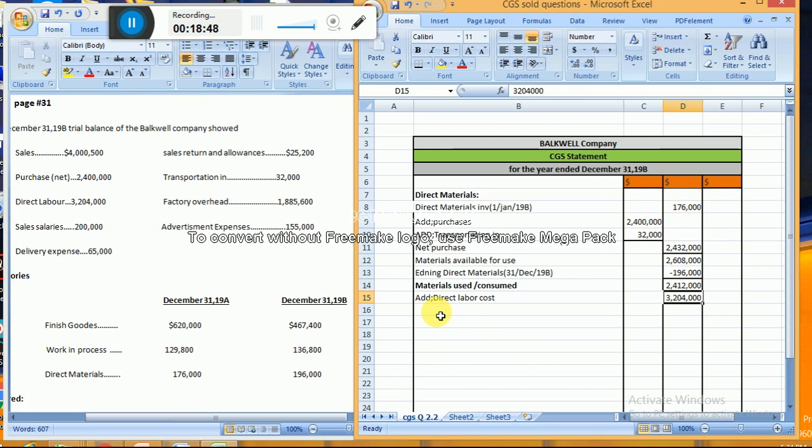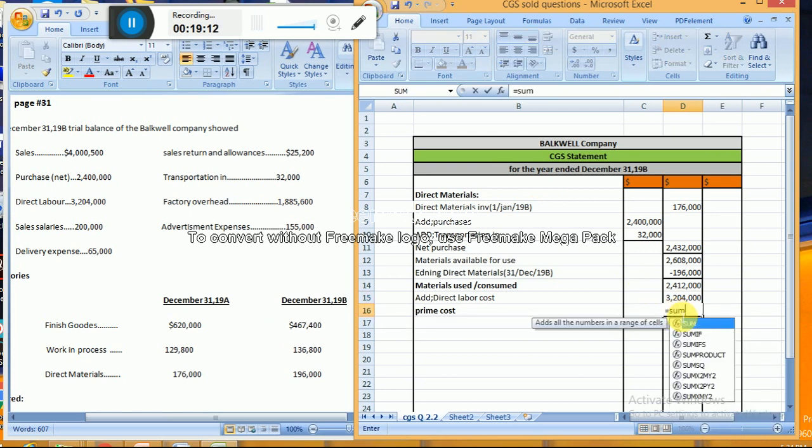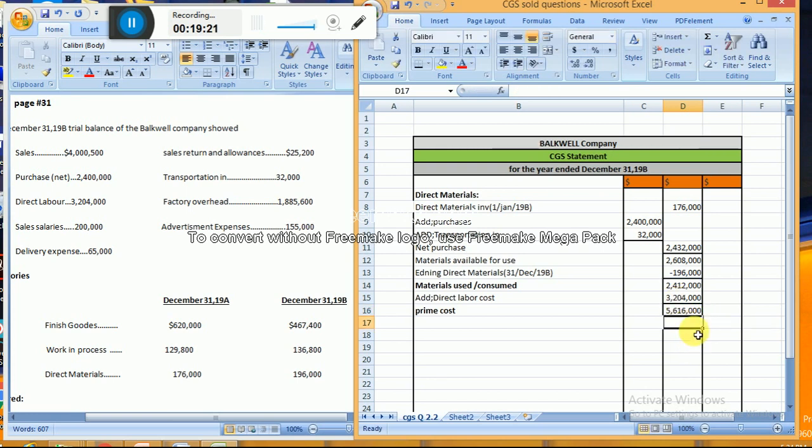So now how much is prime cost? Because we studied prime cost, direct material cost and direct labor cost together are called prime cost. So what is prime cost? If we look, this direct material cost plus direct labor cost is called prime cost.